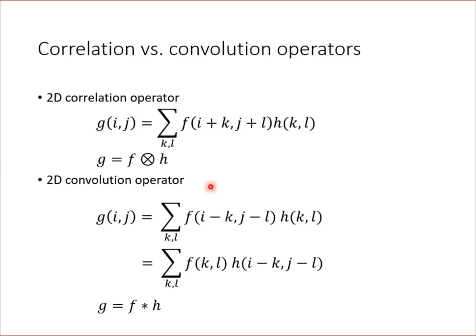They are mathematically equivalent, but they have different definitions, just definitions. And they have different symbols. This is a symbol for correlation, and this is a symbol for convolution. However, they can be exchanged this way.